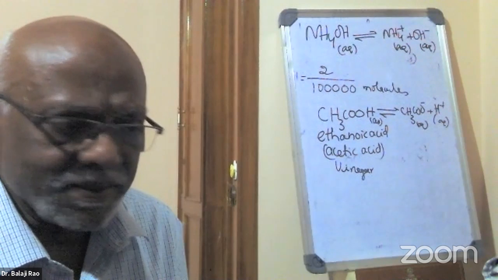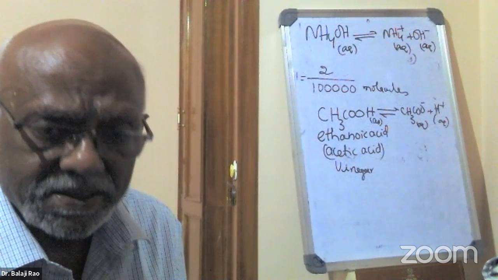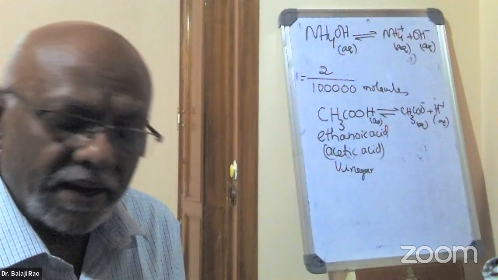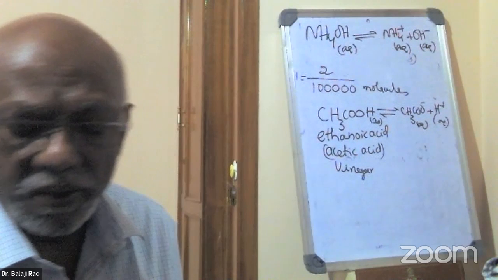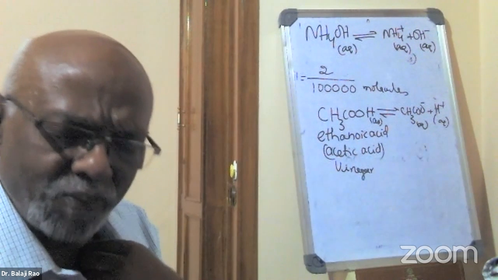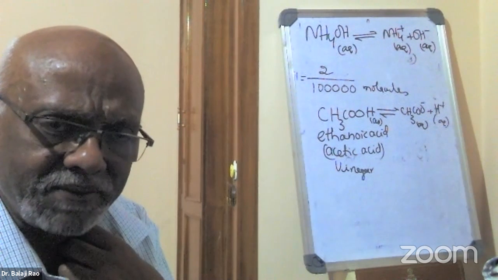Strong bases are sodium hydroxide, potassium hydroxide, and weak bases are ammonium hydroxide and amines. You will learn more about amines in higher classes, but this is only information I have given to you right now.